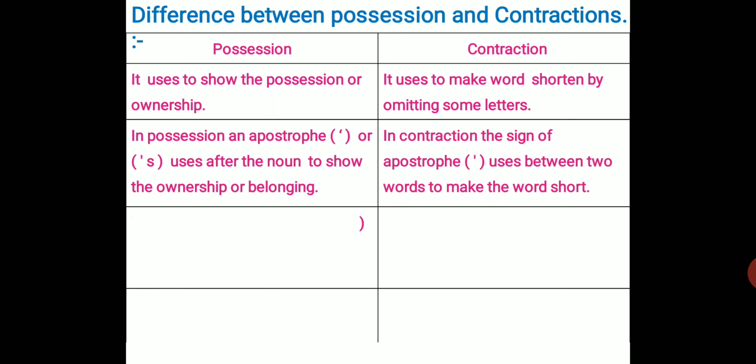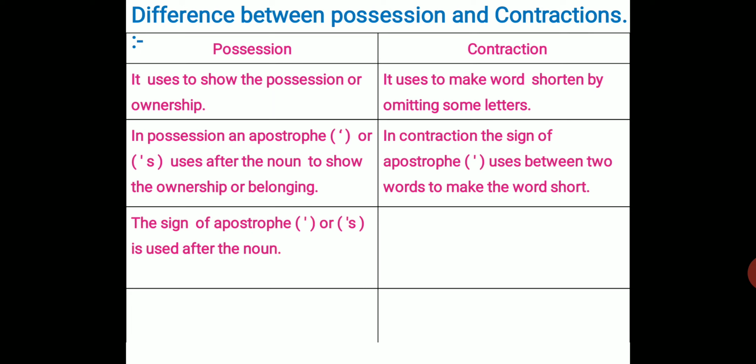Whereas in a contraction, the apostrophe is used between two words to make the word short. It means in this lesson we are going to use an apostrophe to write two different words in a short form.